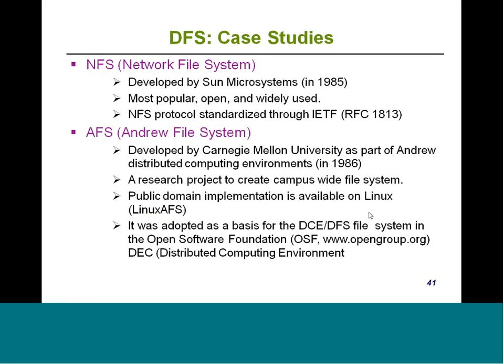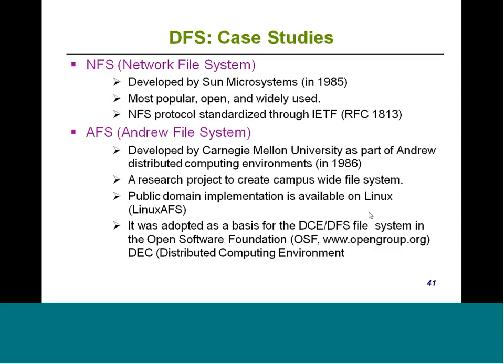So now we go into the distributed file system. Again, the three types of file system that we talked about: the flat files, the hierarchical files, and now the distributed file system. Here we will talk about two main file systems. One is the NFS, or the Sun NFS. This was developed by Sun Microsystems in 1985.